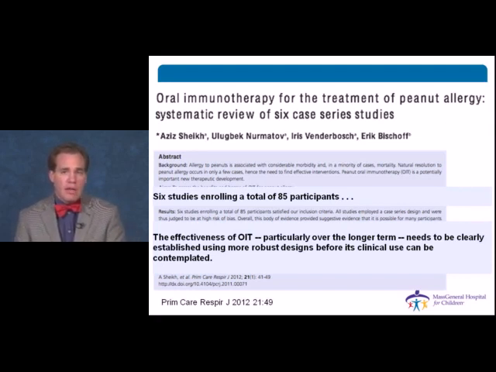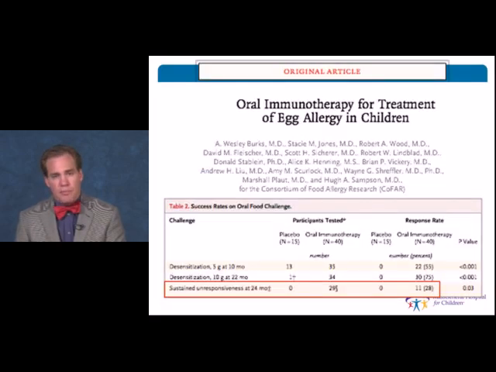This was another meta-analysis, this time focused on peanut allergy, published in 2012. Similar conclusions, 6 studies with a total of 85 participants. They concluded here, to summarize, that particularly when thinking about the longer term, there needs to be much more done to establish efficacy.